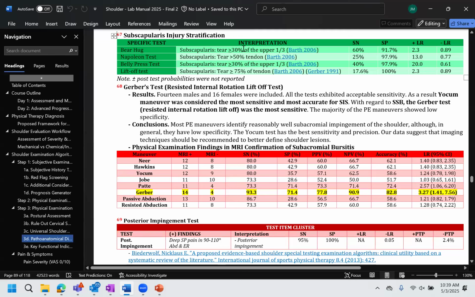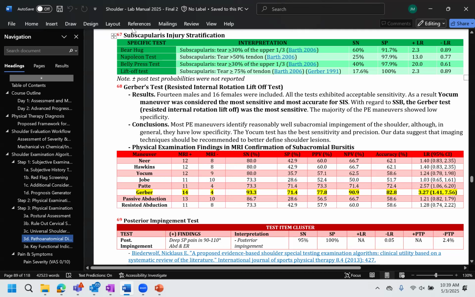So bear hug, which is this one, implicates the upper third of the subscapularis and tears of greater than 30% in that region. Greater than 50% of your Napoleon, if the Napoleon is positive, greater than 50% of the tendon is implicated. The belly press, 30%. So obviously that's less because there's an active component.